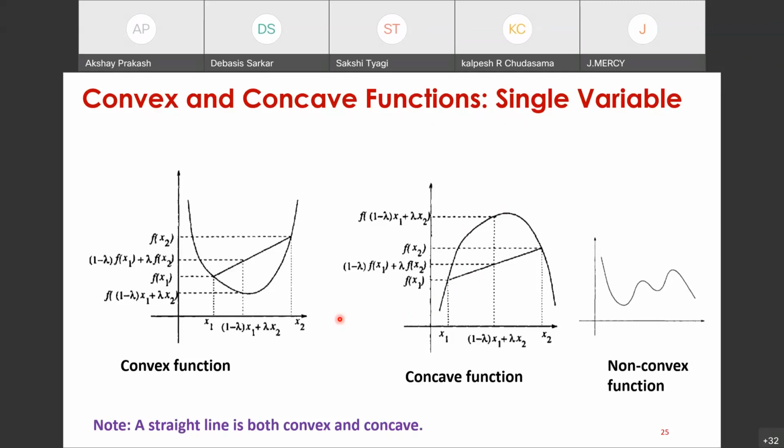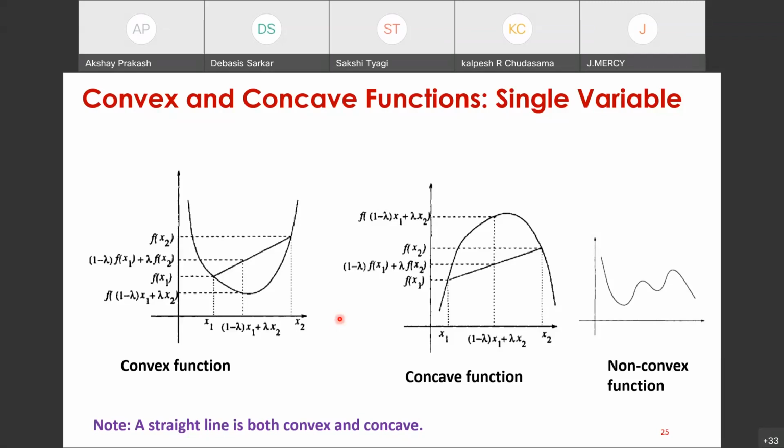So a linear programming problem represents a case where your objective function is a convex function because it is linear, and all the constraints form a convex region. So you basically have a convex programming problem. So a linear programming problem is a convex problem.